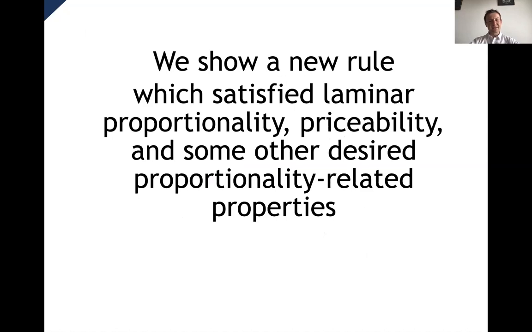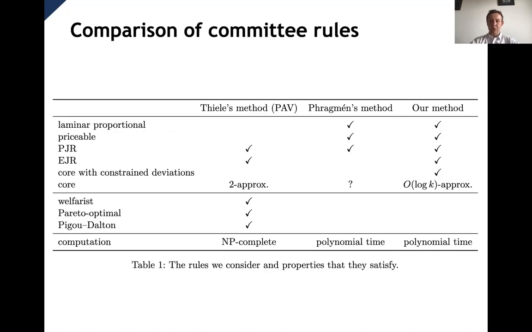This rule seems a little bit similar to Phragmén's rule, but with the tweak that the voters are given their budget upfront rather than earning it continuously. This voting rule is quite simple and appealing, but due to space constraints, I will not describe it in detail. However, I will quickly show a comparison of the voting rules that we considered in our paper and an overview of the properties that they satisfy.